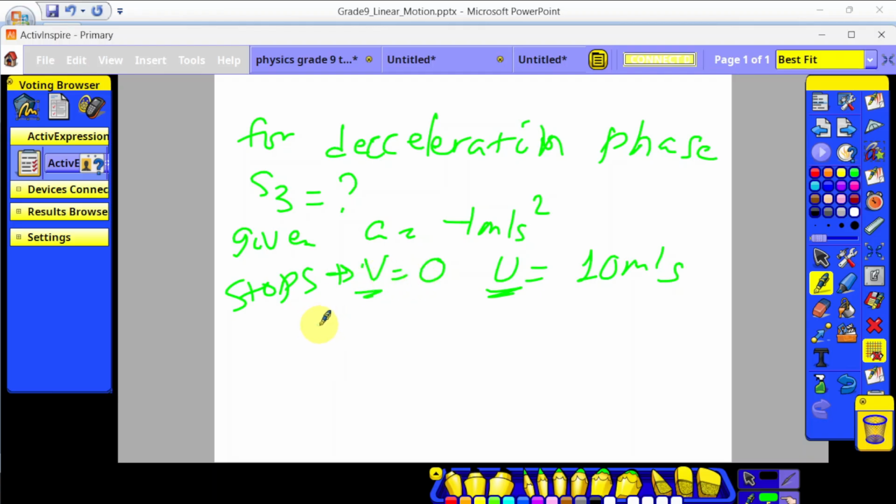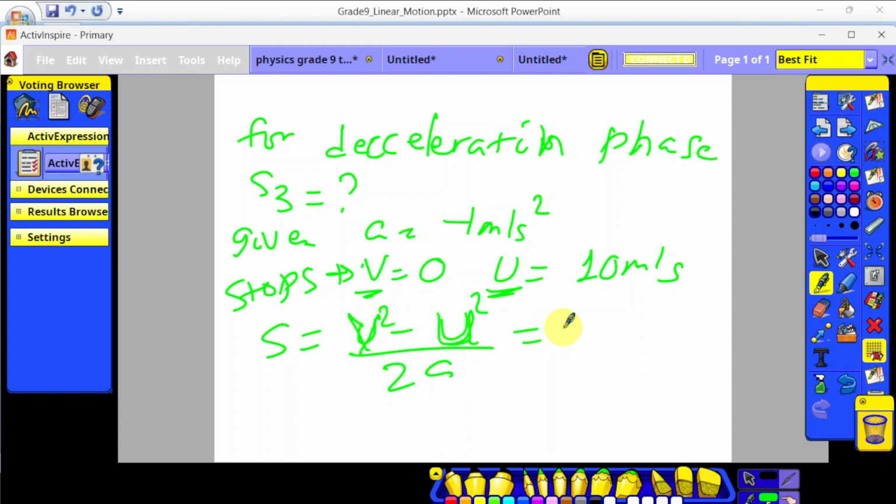So in this case, distance will be calculated by this formula. Distance is equal to v final squared minus v initial squared, or u squared, over 2a. This is v squared minus u squared over 2a.